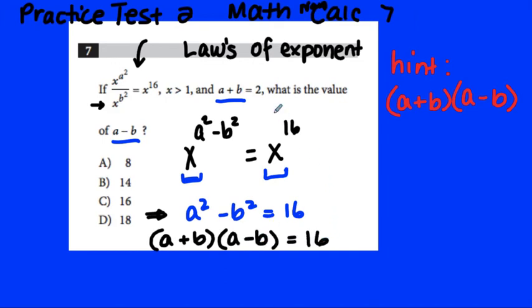They told me that a plus b was 2, and all they want is what a minus b equals. So I'm looking for what number times 2 gives me a result of 16. So a minus b would have to be 8.